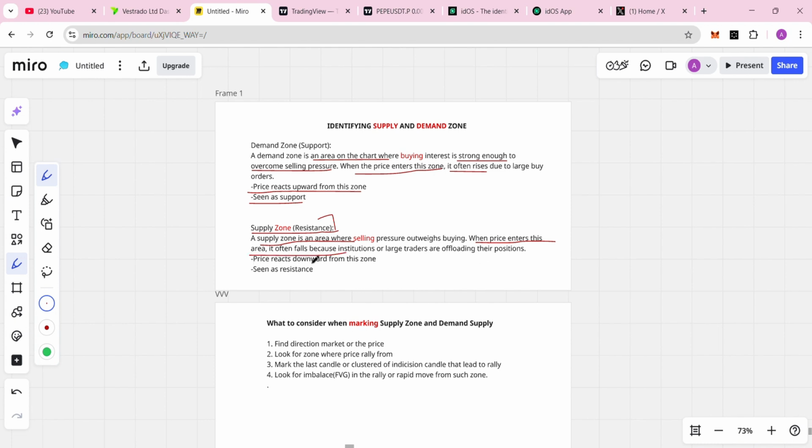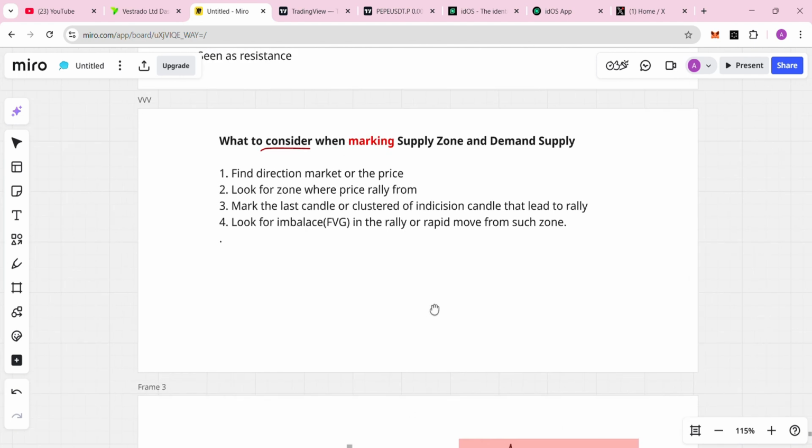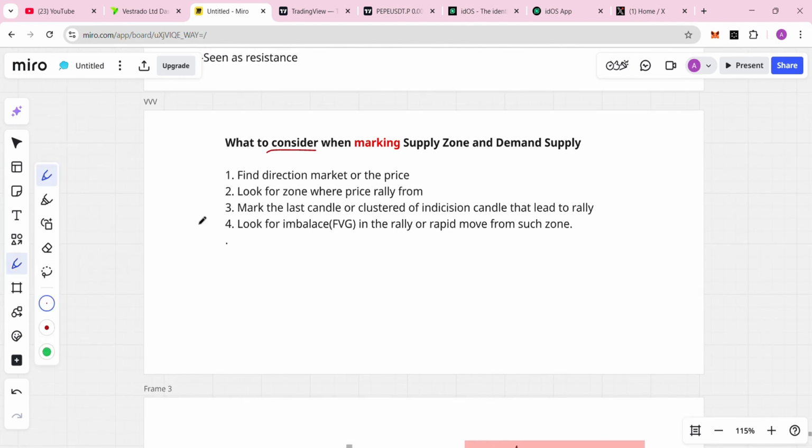You understand? So what are the things that you should put into consideration before you mark your supply or demand zone? To mark our demand or supply zone, you want to first of all look at the direction of the market. That is the number one thing that you should do. Is the market in a ranging market?